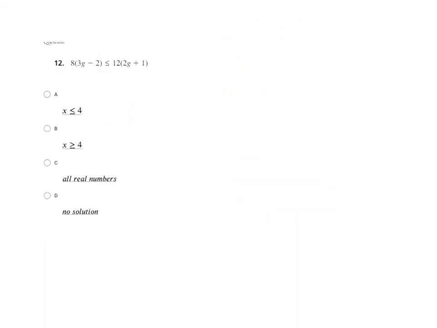Number 12. I'm going to distribute. 8 times 3g is 24g. 8 times negative 2 would be negative 16. Less than or equal to 12 times 2g is 24g. 12 times 1 is positive 12.